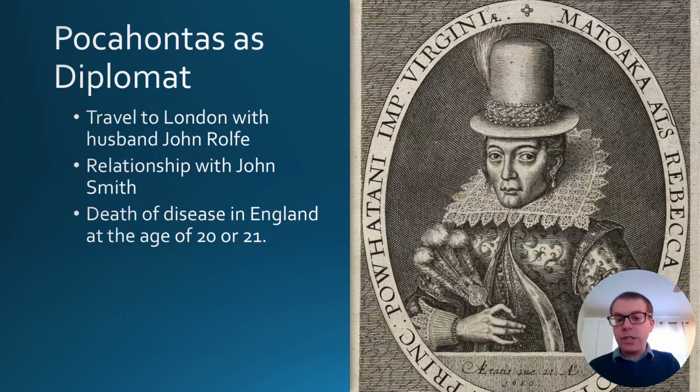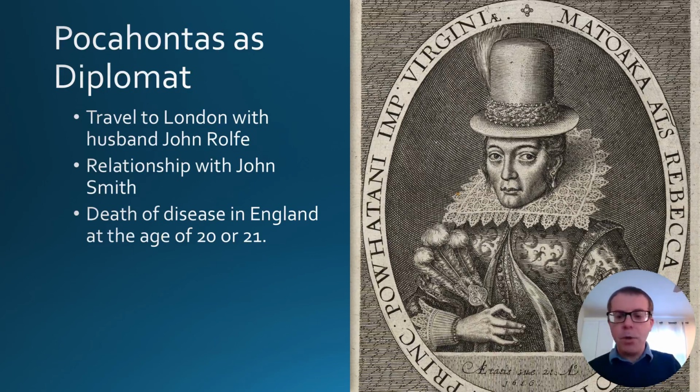And tragically, Pocahontas, or Mataoka, which was her name as an adult, ends up dying of an unknown disease. It could have been a variety of different diseases in England, and she dies at a fairly young age, at the age of around 20 or 21, quite tragically.